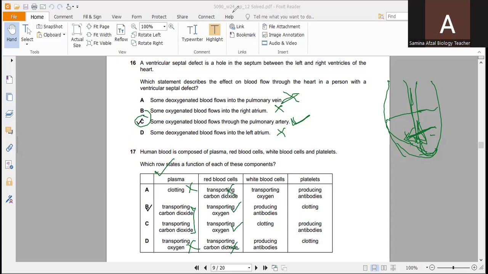White blood cells produce antibodies, they are not transporting anything. Platelets function in clotting, not producing antibodies. So only B is the correct option, in which the plasma is transporting the carbon dioxide, red blood cells are transporting the oxygen, white blood cells are producing the antibodies, and platelets are clotting the blood.